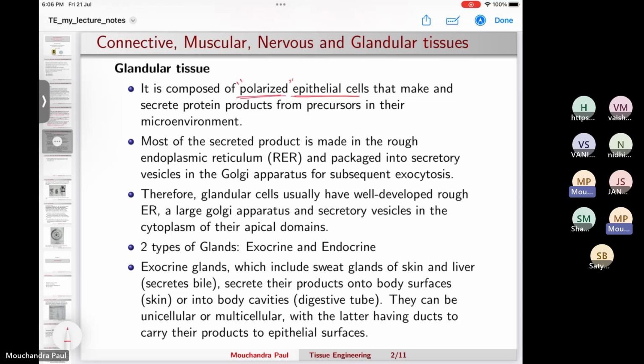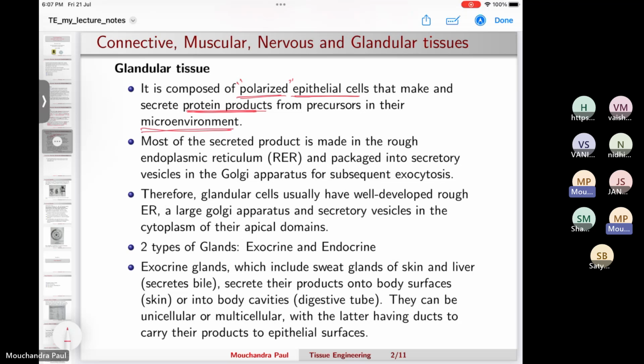By polarized I mean that they have a special function of secreting protein products. They are not like the normal epithelial cells that we talked about in the previous class. These products are secreted directly into their microenvironment.